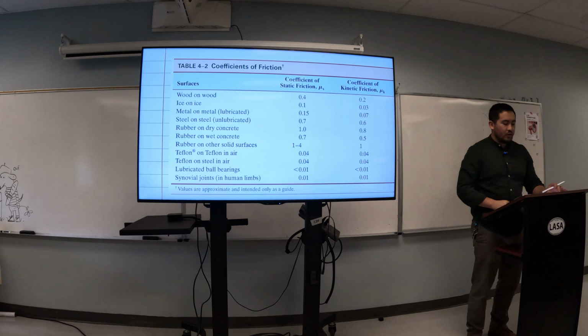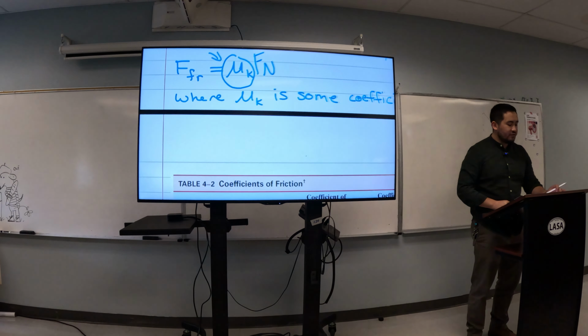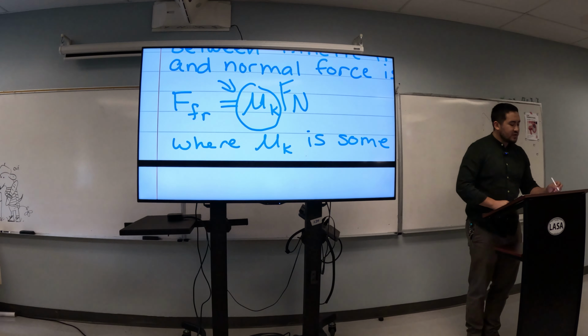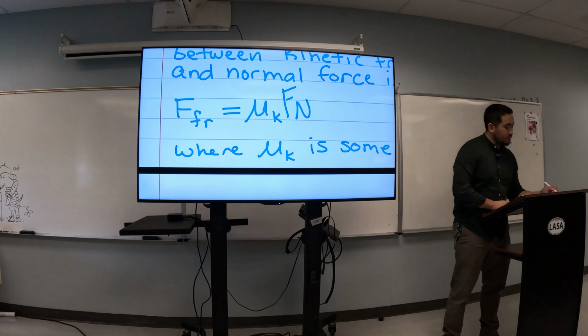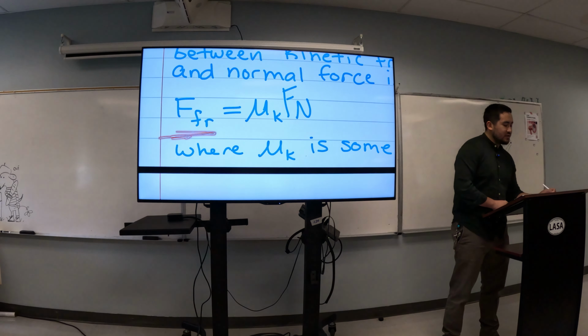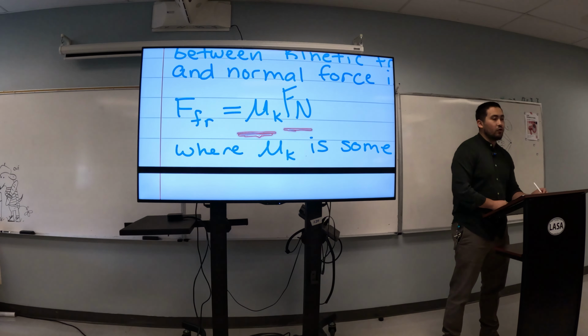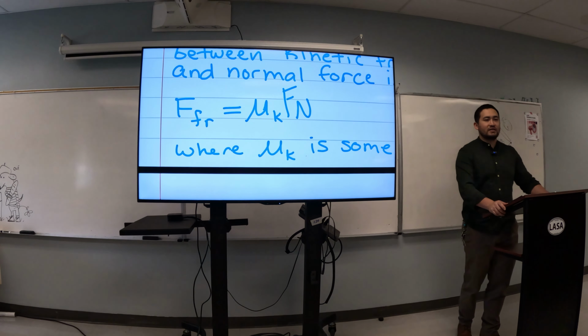Let's revisit that relationship now that we've discussed the coefficient. We just said that the force of friction is equal to whatever our coefficient is for the material we're sliding on times the normal force that our object is experiencing in that situation.